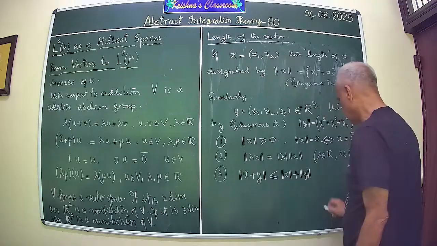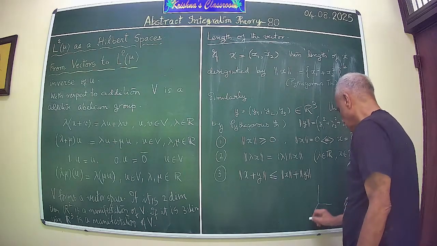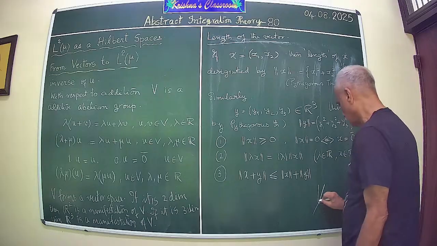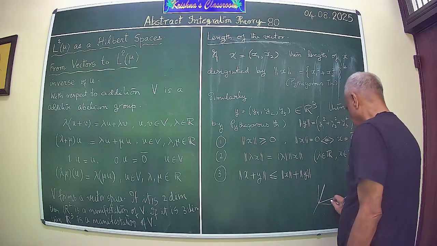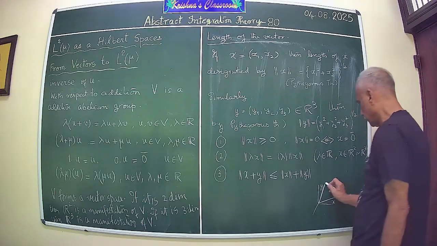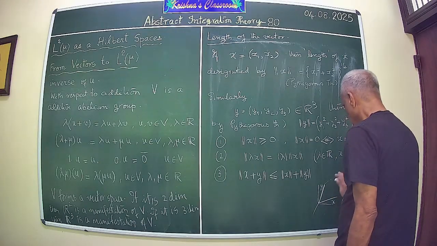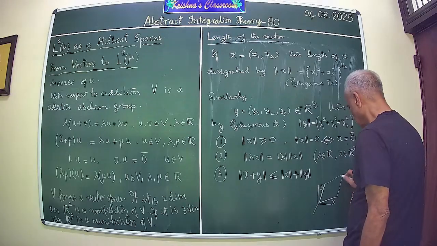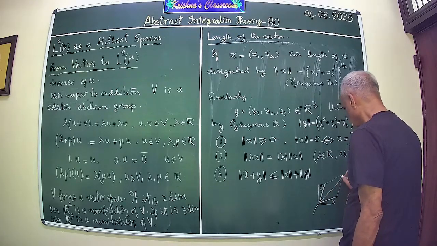Oh, this is simple. Vectors x and y, then x plus y is this.